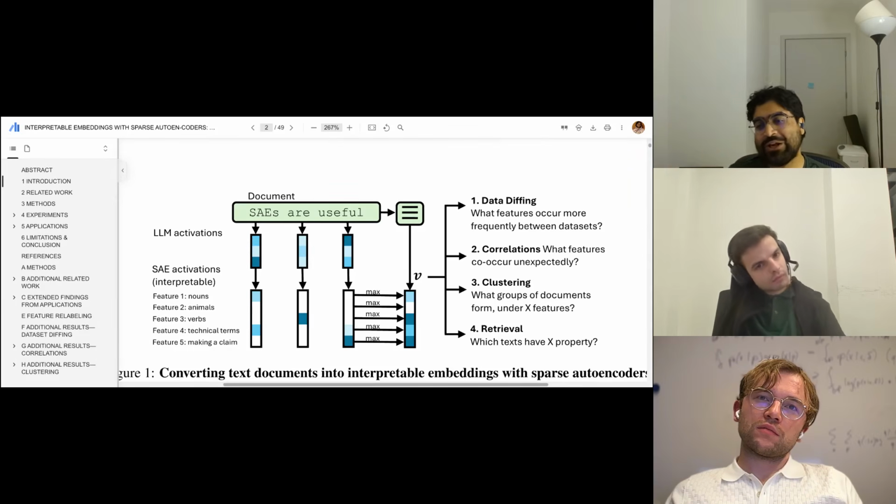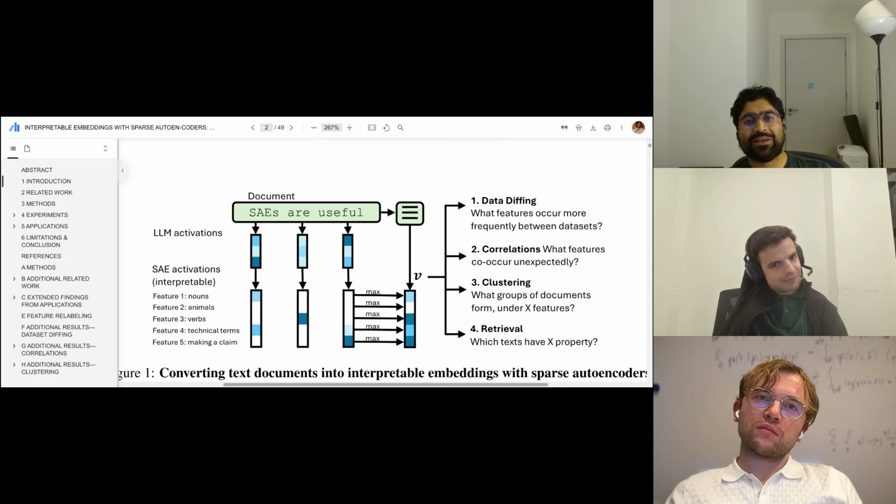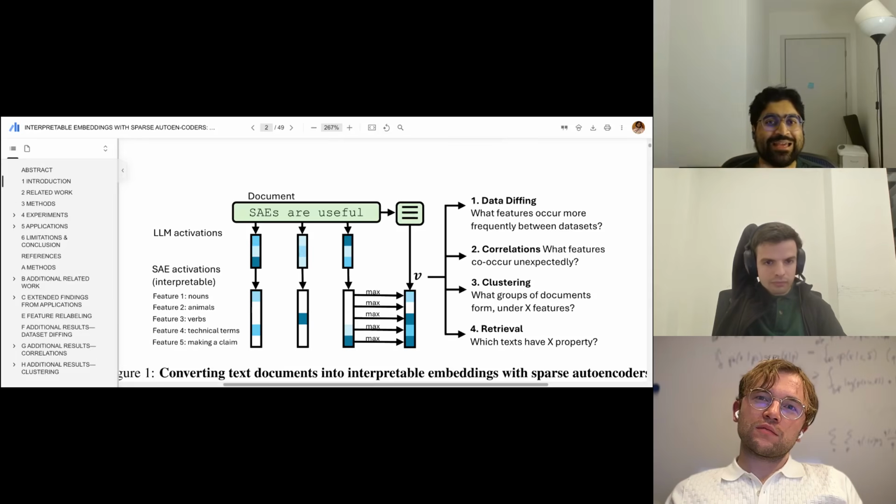Or which things seem more common in documents in one dataset than the other? But you can also just have a language model do this, and it totally works.